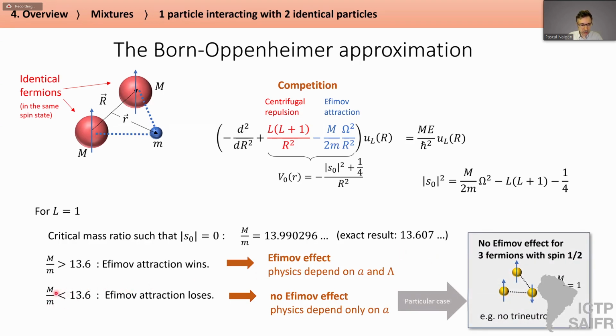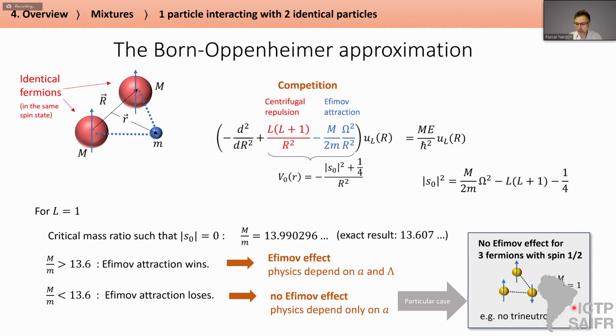So in particular, when the three particles have the same mass, for example, if you have 3 spin 1/2 fermions, then you see that you are in the case where the Efimov attraction loses. So there's no Efimov effect, and so that's why there's no Efimov trimer of 3 fermions with spin 1/2.